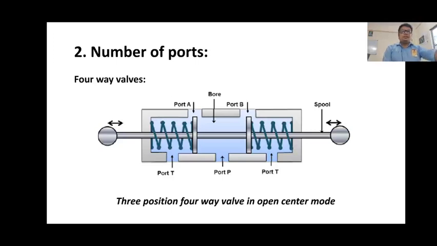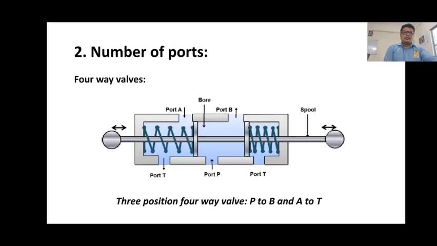Now if we see the second type here, that is a three-position four-way valve, that is from P to B and A to T. This figure shows when the left end is actuated. You can see here port P is connected with port B and port A is connected with port T. So this is the first way out of the three positions.